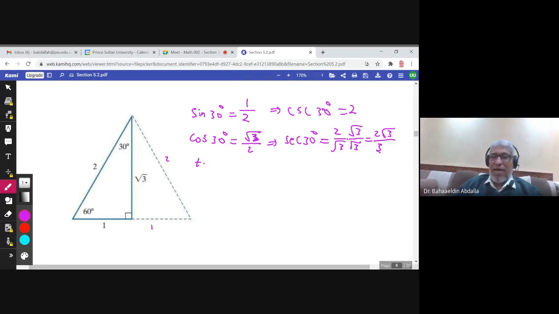Tan 30 is the opposite, 1, over the adjacent, which is square root of 3. Rationalize by multiplying by square root of 3 over square root of 3, and you get square root of 3 over 3. So cotan 30 would be the reciprocal of 1 over square root of 3, which is square root of 3 over 1.